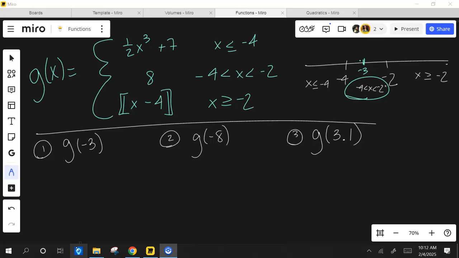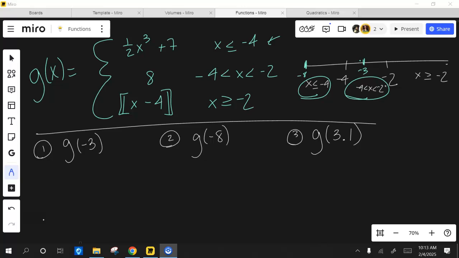-8. So look at your number line. Where's -8? All right. -3, where does that fall?